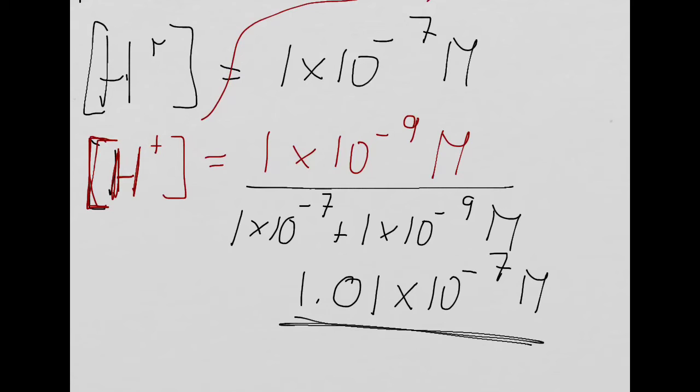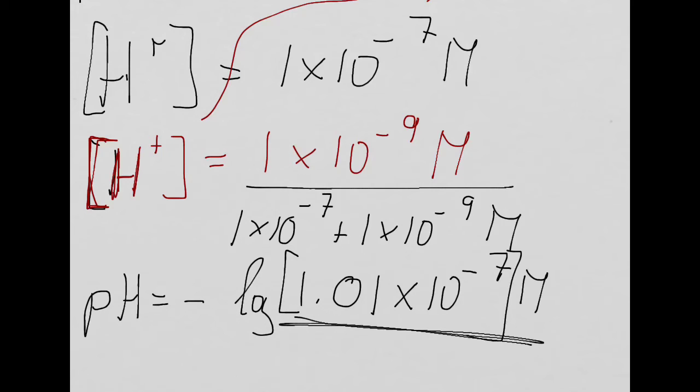And now I do simply the pH of that. pH equals minus log of this, basically. And what do you get? Log of 1.01 times 10 to the minus 7.